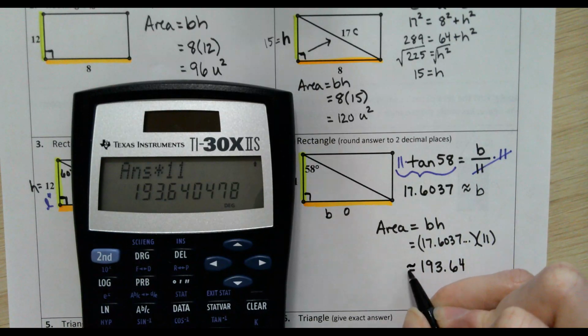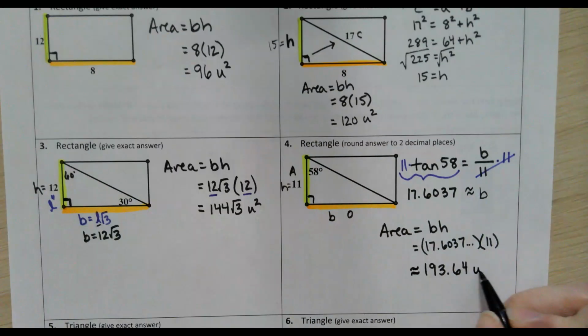And those should be my squiggly equal signs since the area is approximately 193.